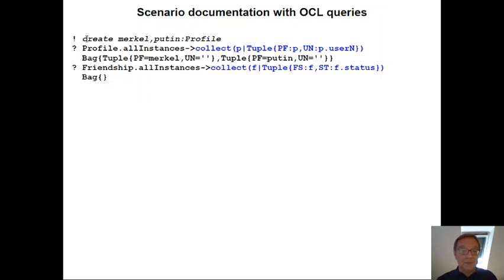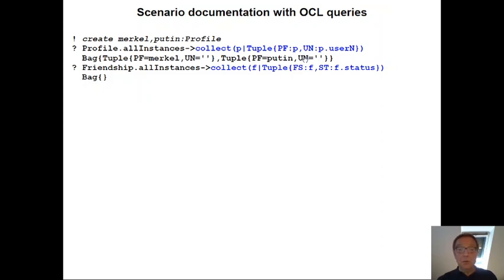After I have been issuing this command here, there are two profile objects, Merkel and Putin, and when I state this query, this query expression will return a bag of tuples. Remember, the collect always returns a bag, never a set.